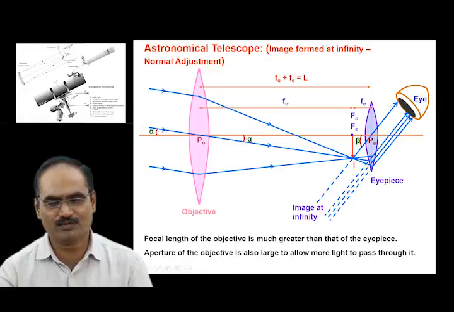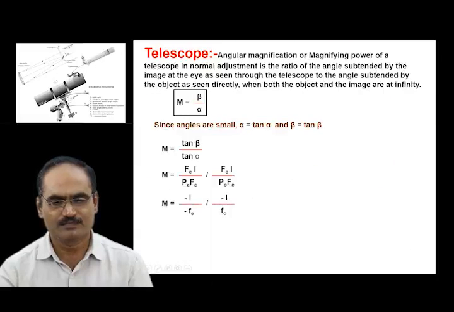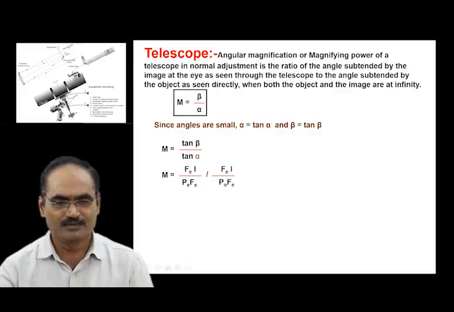And since these are vertically opposite angles, we can use this triangle or the other triangle also. So therefore, that is the height of the image by the distance from the objective, opposite by adjacent. So hence it forms here like this.